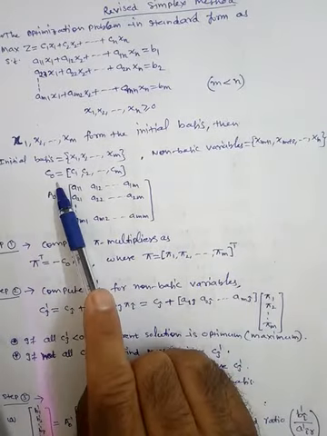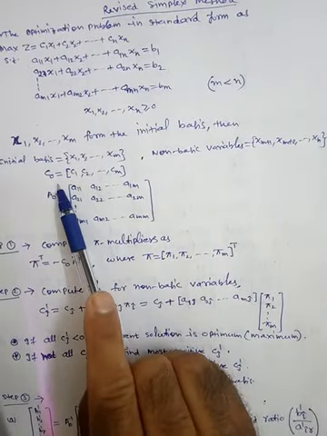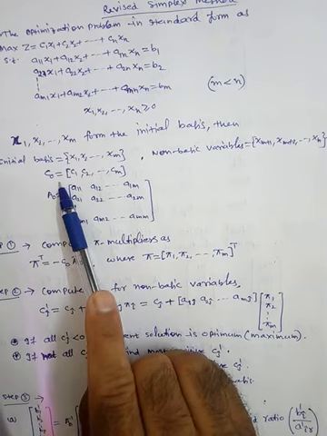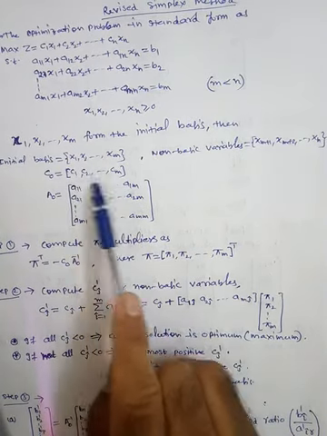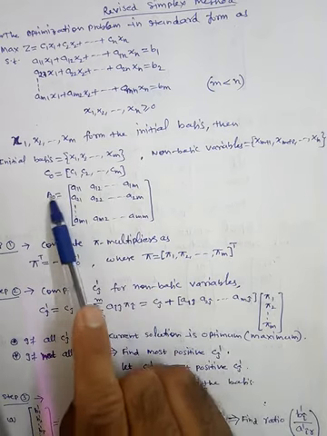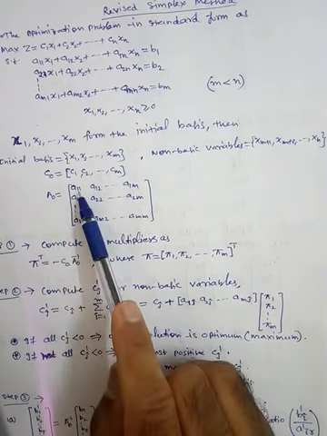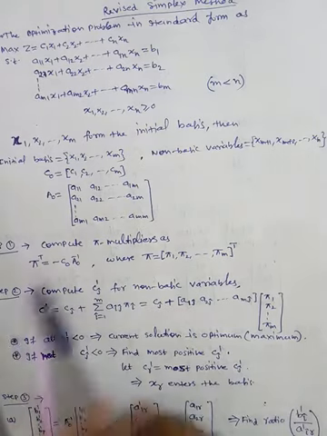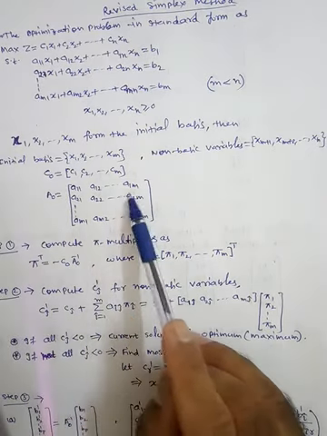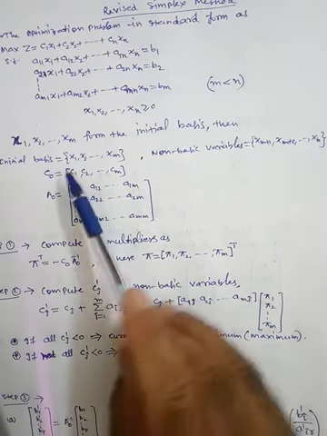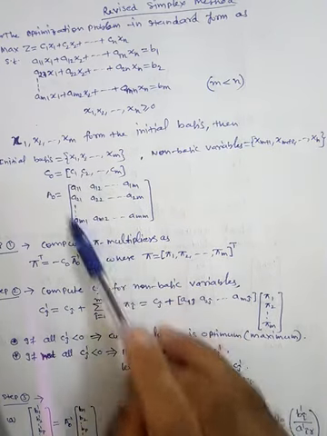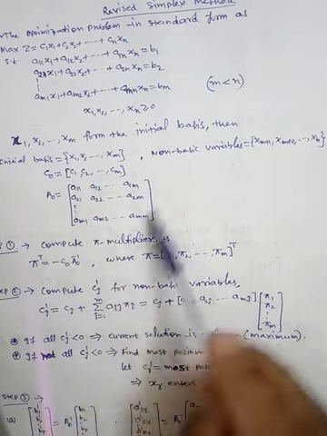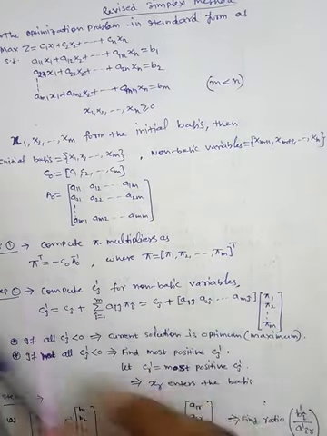C naught is the cost coefficients associated with basic variables, so these are C1, C2, ..., Cm. Initial A naught is nothing but the associated matrix A11, A12, ..., A1m, that means the coefficient matrix corresponding to x1, x2, ..., xm.